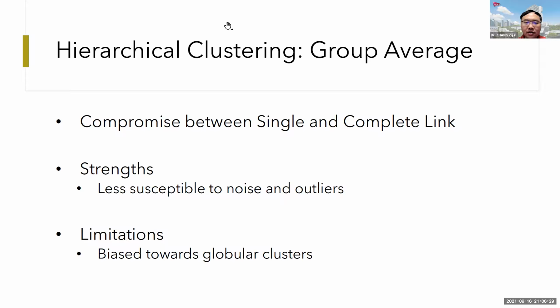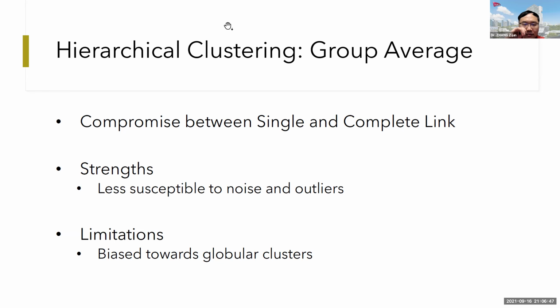Students are easily confused between the measure used to update the proximity matrix and how to merge and split. They are different logic, okay? I saw in the past, in the exam, that students were confused by these two.